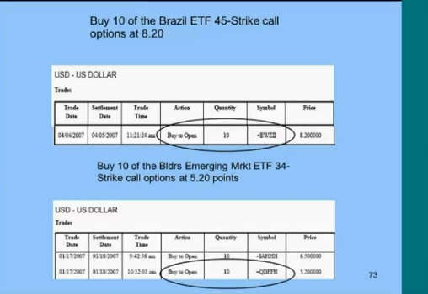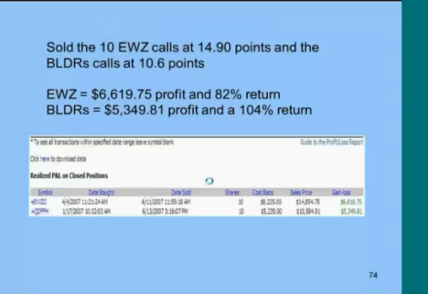And here's another example. I bought 10 of the Brazil ETF 45 strike options at 8.20, and bought 10 of the Builders Emerging Market 34 strike options at 5.20. Sold the Brazil options at 14.90. That resulted in a $6,600 profit, 82% return.